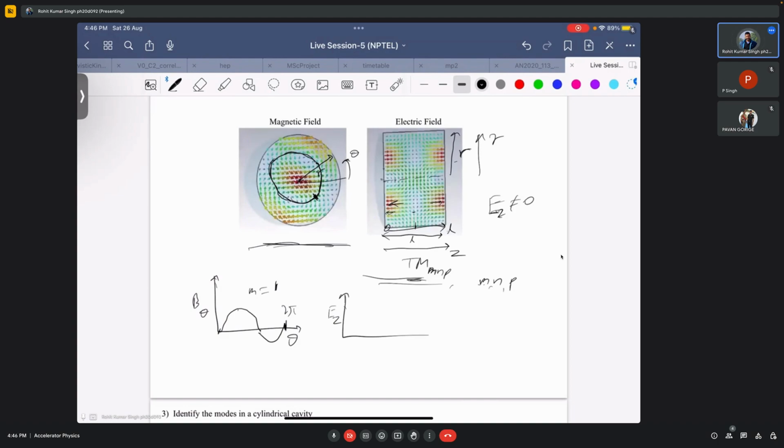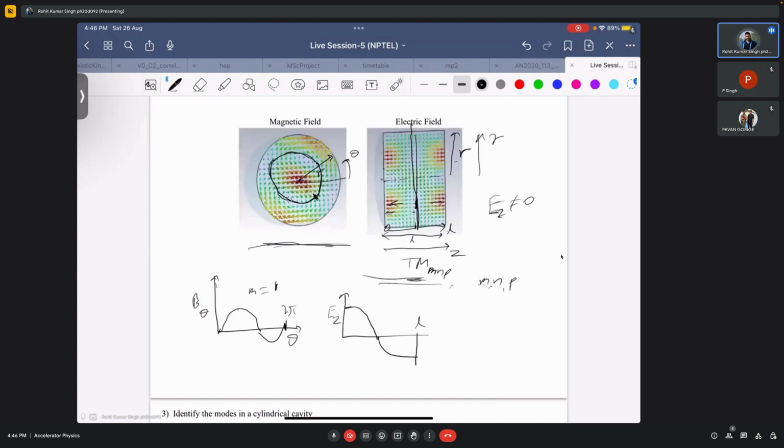Suppose this is 0, this is L, you have a maximum value at 0, right? And then it goes to 0 in the middle here, correct? You don't have any z component anywhere in this line, right? And then again you go to a maximum value in a different direction. Here direction changes, right? And so how many variations do you have here?